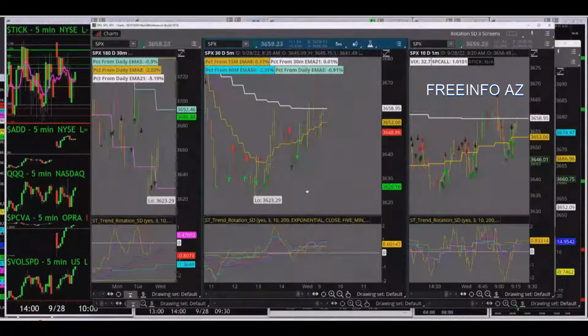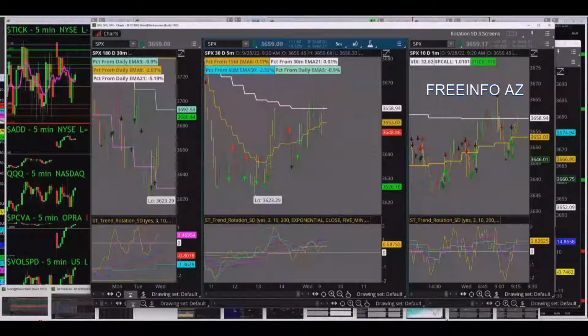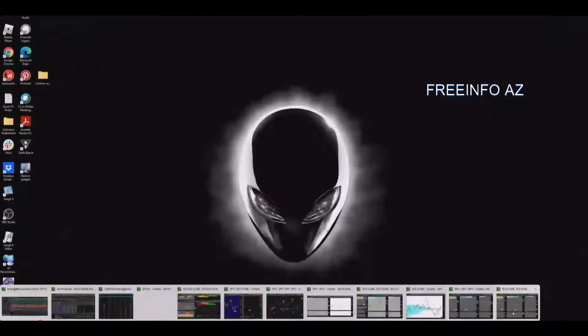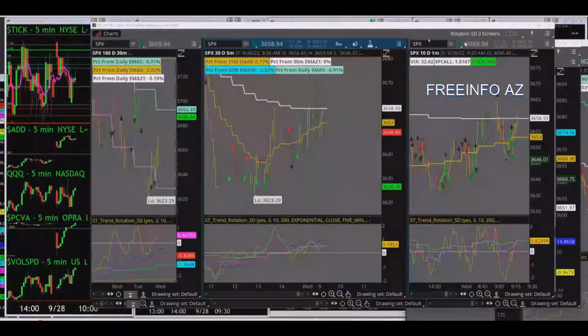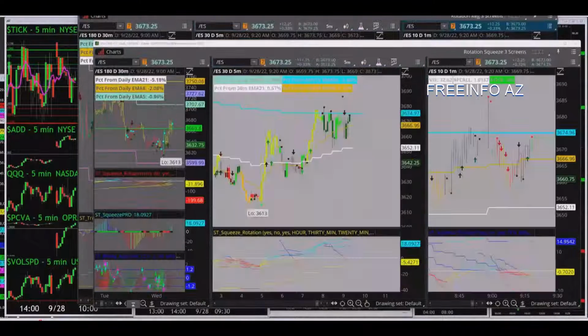You can see here on the 5-minute chart the standard deviation, SD rotation SD, which is standard deviation. The reason we have this is that you can get to -1, -2 deviations on this, whereas on the regular one, let me find the regular, you actually get the actual readings. So you can see -20, -40 on the 5-minute chart, but over here it's like -10, because it's showing the actual readings.